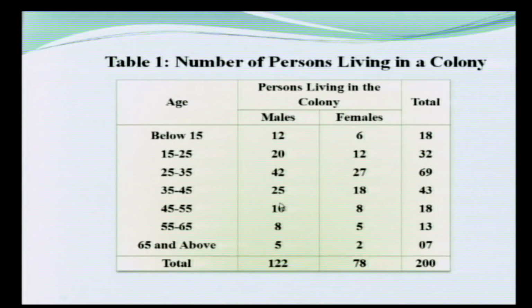These numbers reflect the number of persons living in a colony in different age groups. The age is the stub given in the rows. In the columns, the persons living in a colony have the subheadings males and females. So this is a composite type of table, also known as a two-way table.